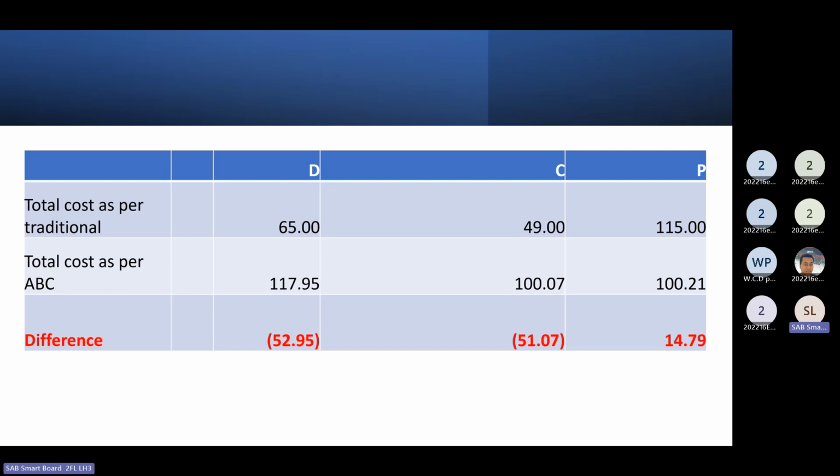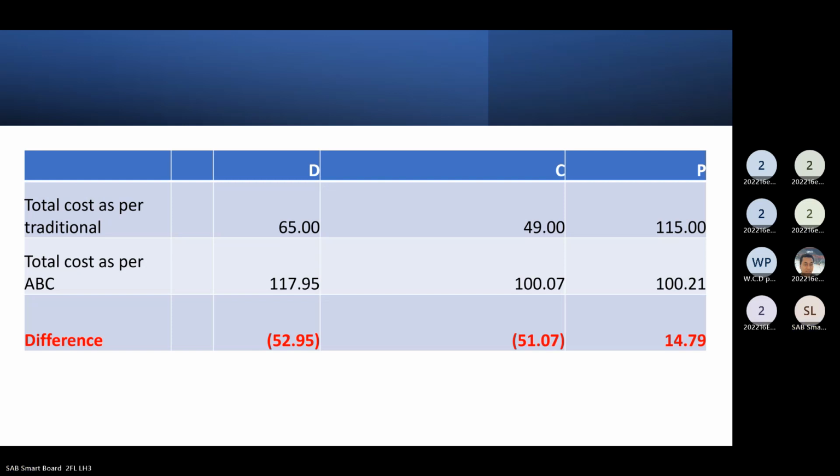Now you see under the traditional basis it is 65. Just assume a 20% profit markup on the cost. So you will underprice product A and product C under the traditional costing method. As a result, you may actually be operating at a loss, but because of wrong cost allocation, you may think you get a profit.